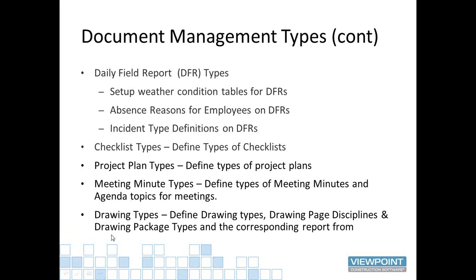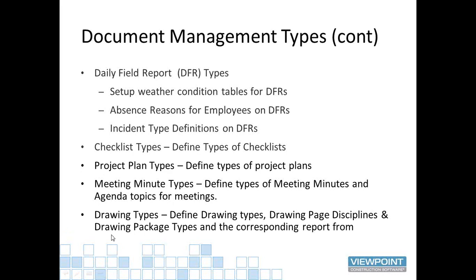Other items will include order types, and this is commonly leveraged against purchase orders and subcontract change orders. If I want to create a filtering mechanism for those types of documents that I might create, order types allows me to have that filtering mechanism so that I can group or categorize these types of documents.